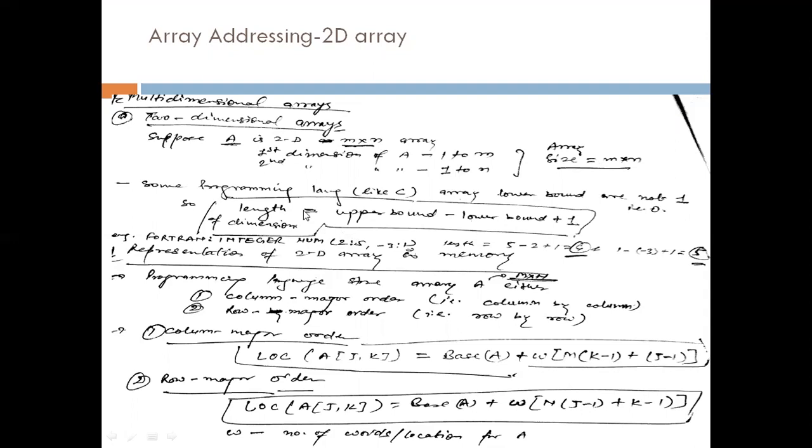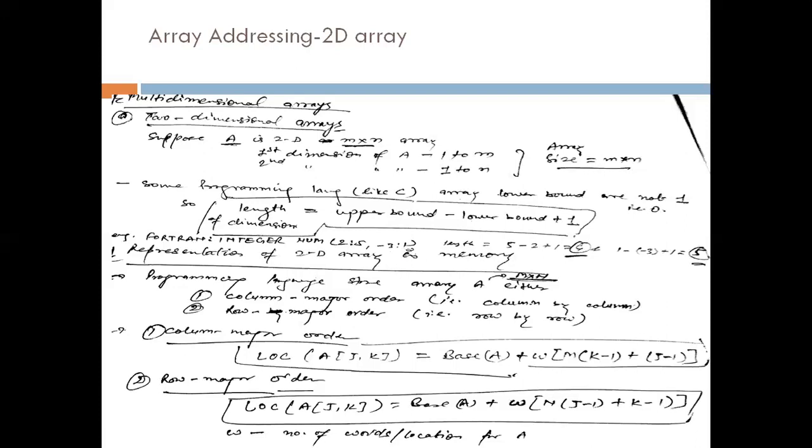So we can use this formula: the length of each dimension of an array is equal to upper bound minus lower bound plus 1. For example, this is an array NUM with two dimensions. The first dimension has lower bound 2 and upper bound 5, and the second dimension has lower bound minus 3 and upper bound 1.